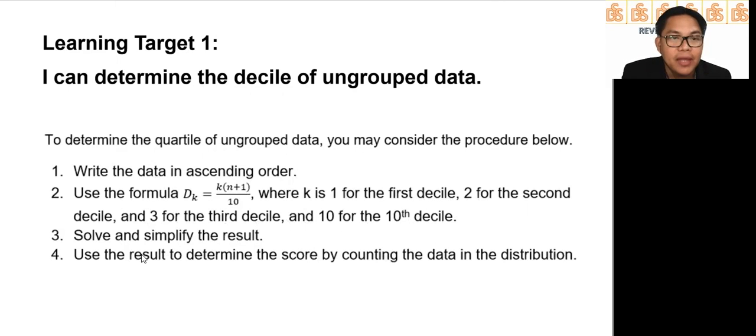Then solve and simplify the result. Use the result to determine the score by counting the data in the distribution. As you notice, the procedure in solving for the quartiles and the deciles are almost the same, but today you will encounter some scenarios that give you a different way of solving.